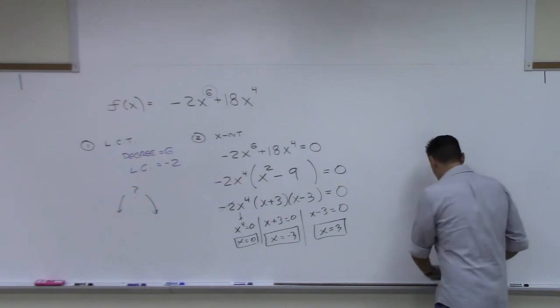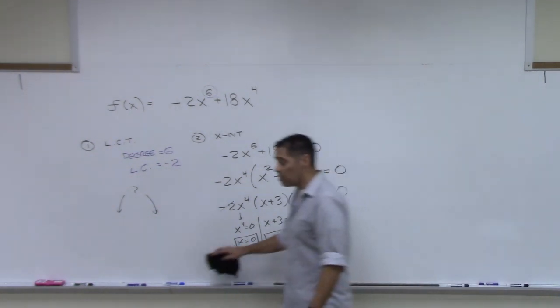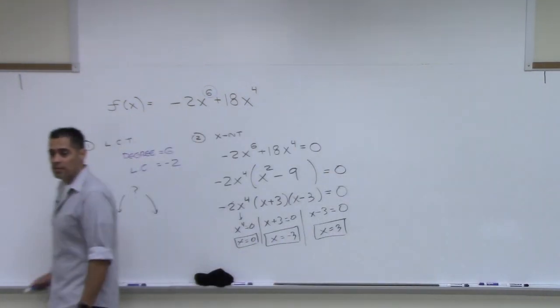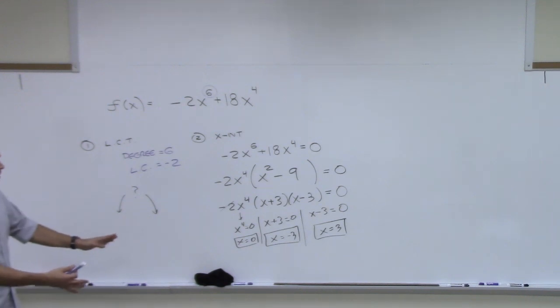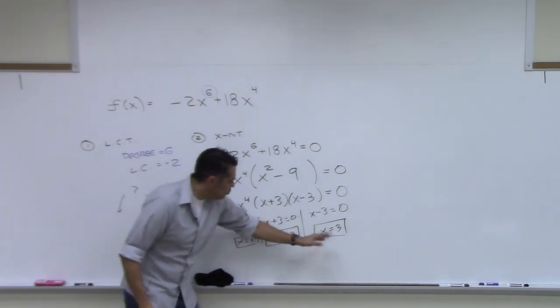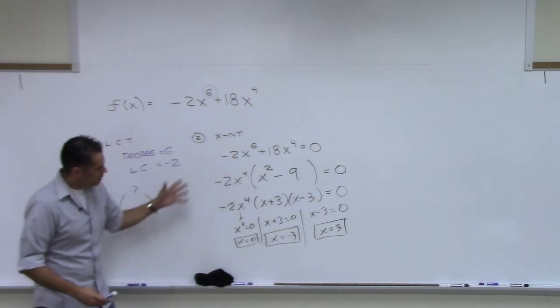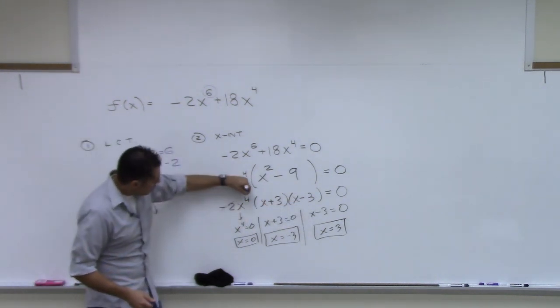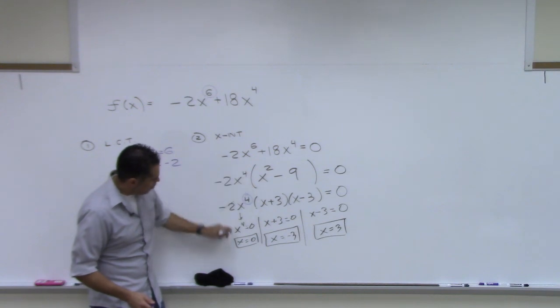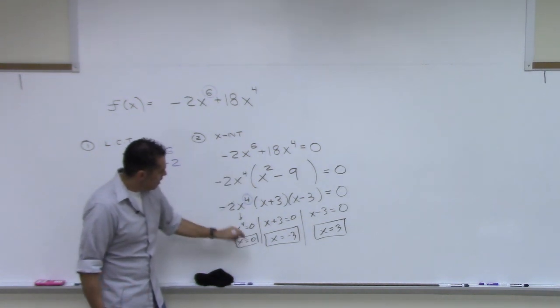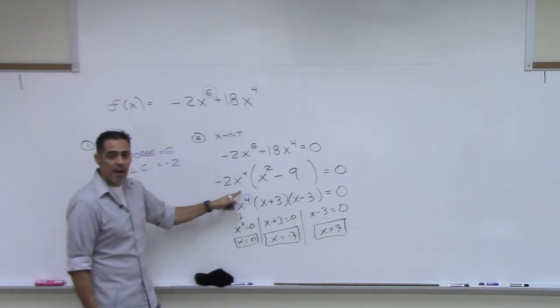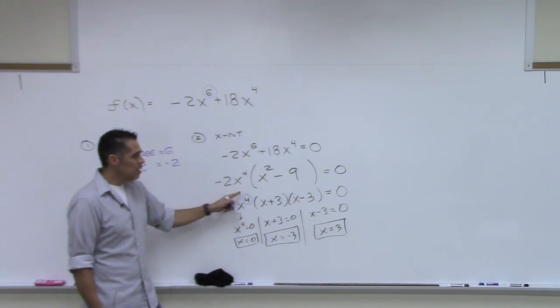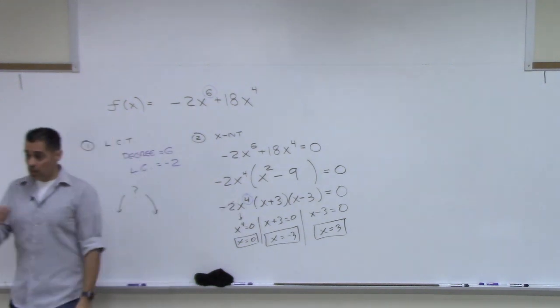Multiplicity, very good. Multiplicity, this is that whole bounce-cross thing. Remember that? What do we go look at to figure out if we bounce or cross at these? The factored form right here, and we're going to look at the powers on the factors. That's a 4. So this 0 came from a factor with a power, or multiplicity, of 4, and 4 is an even number.